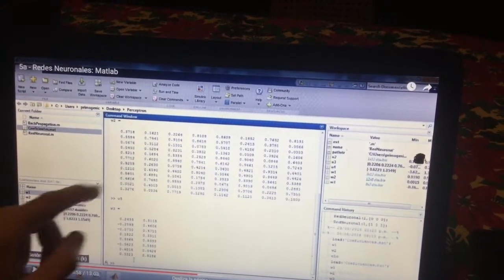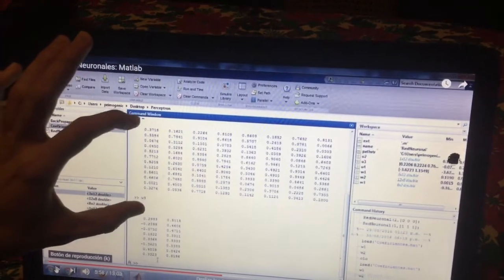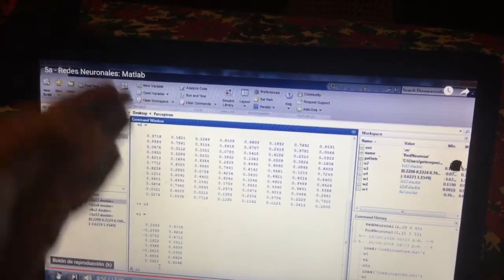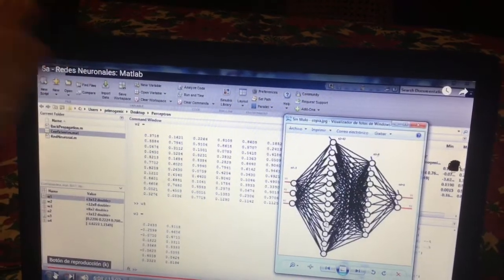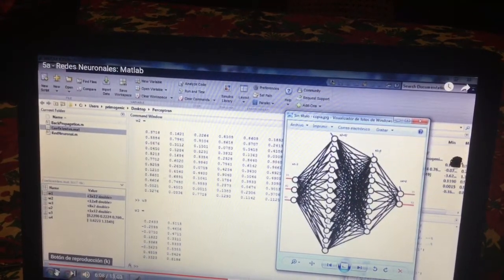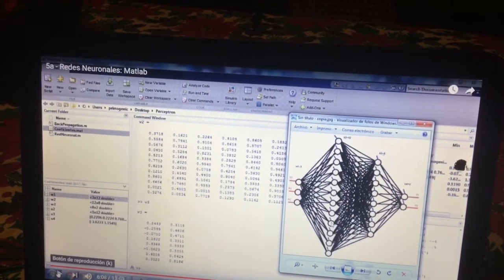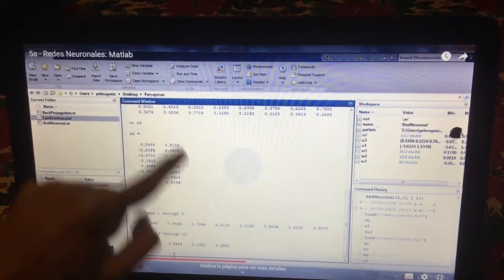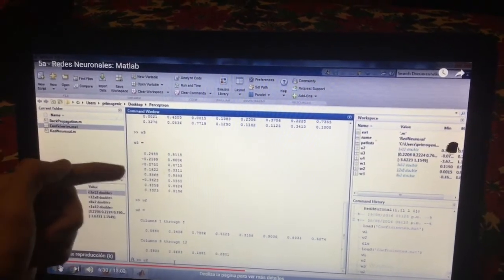You can see it's 12 times 8. Following this order, we'll have a third matrix that will be from 8 to 2. And this is the answer, this one. So this is our third matrix.